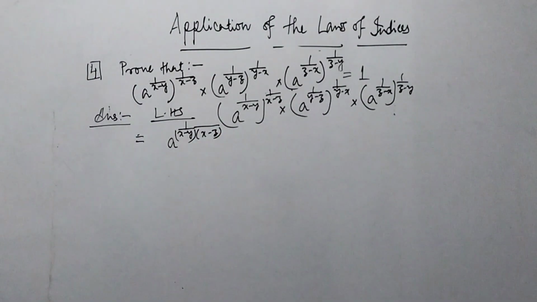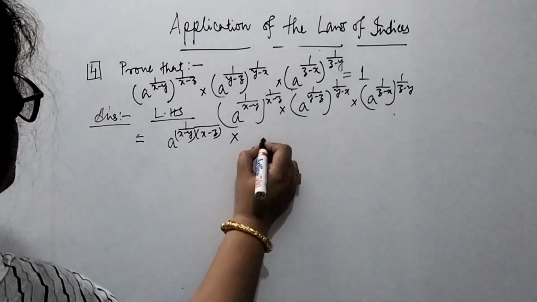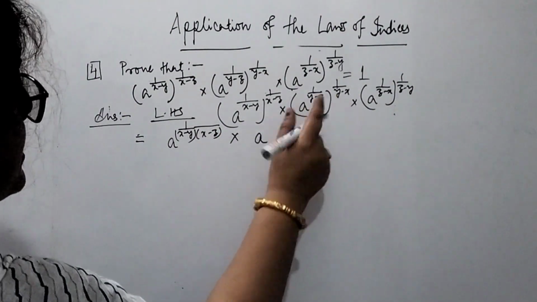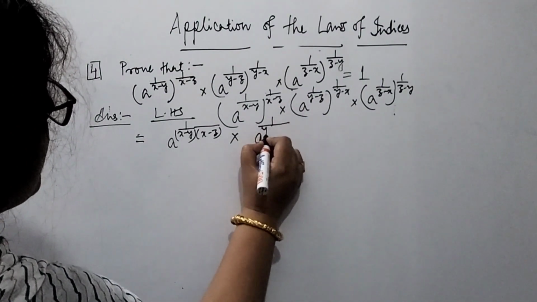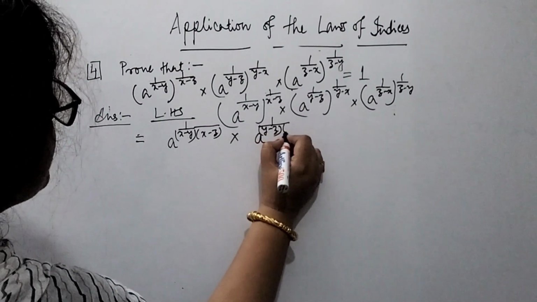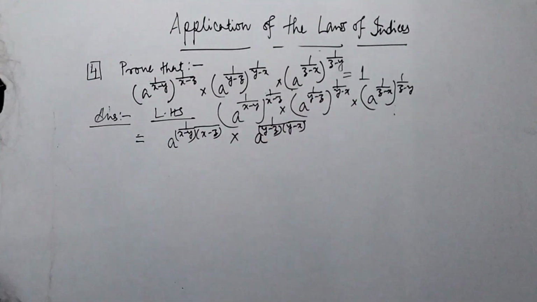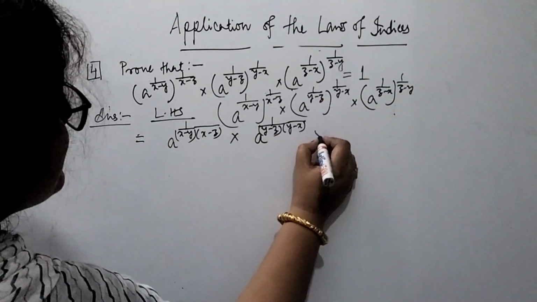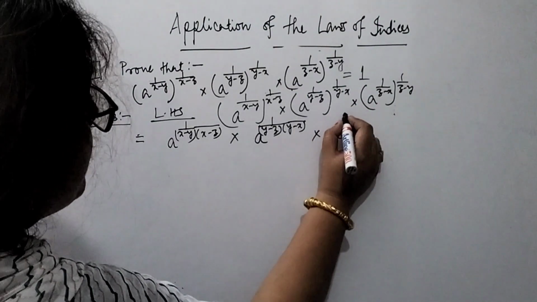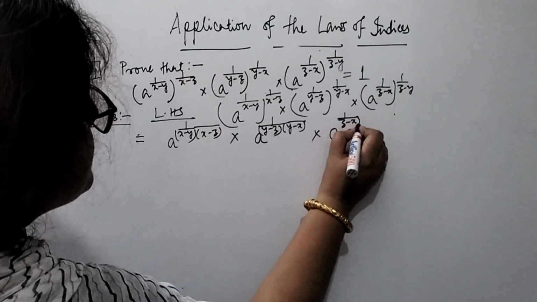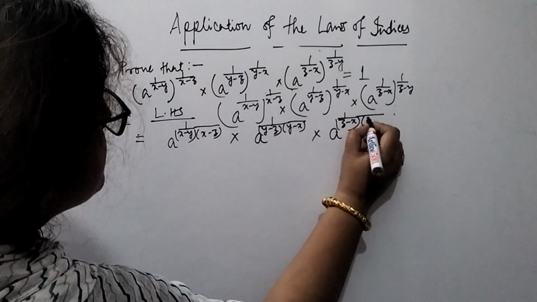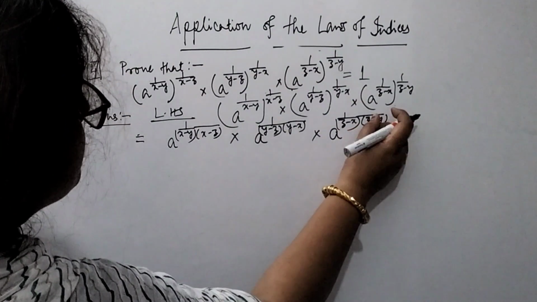Hope it's clear to all of you. From the second term, we will get a to the power, the same thing, 1 by y minus z into y minus x. These two powers will be multiplied into a to the power 1 by z minus x into z minus y, right?